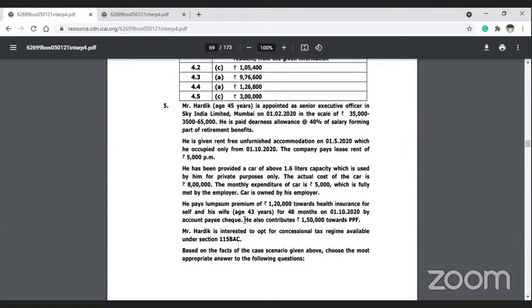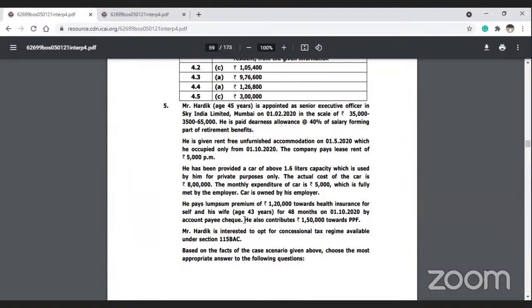From 1st October: October full month, November, December, Jan, Feb, March. He occupied only from 1st October. And for February and March, we will have to calculate salary as 38,500 and 40% on that. So the answer for 15% of salary will change.